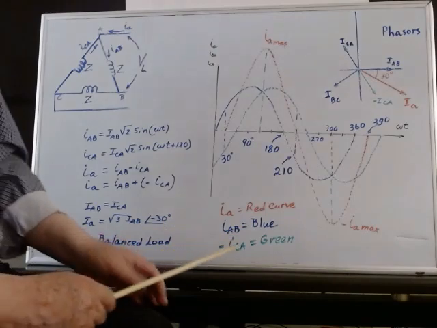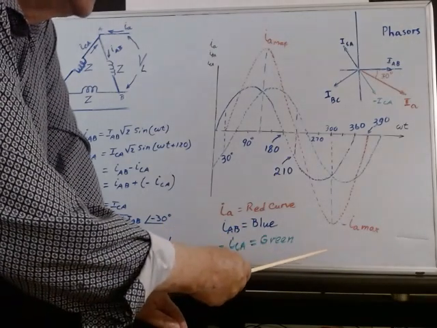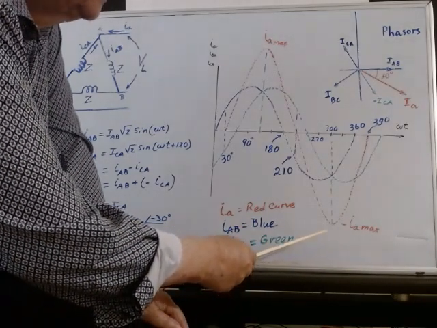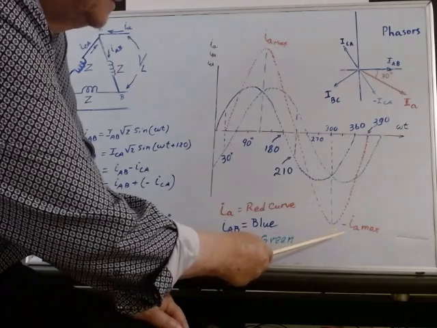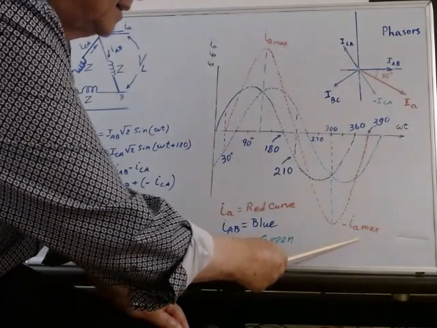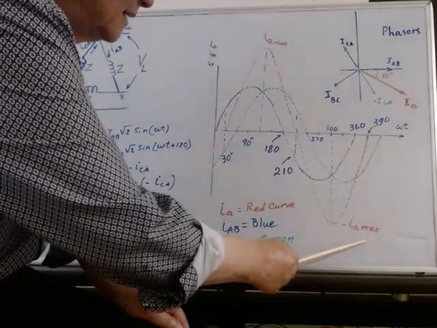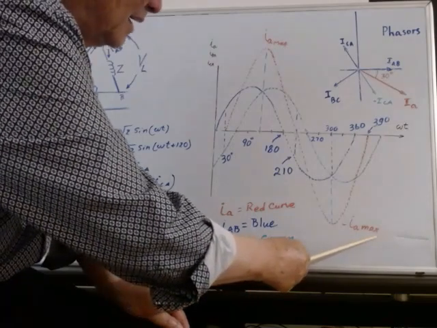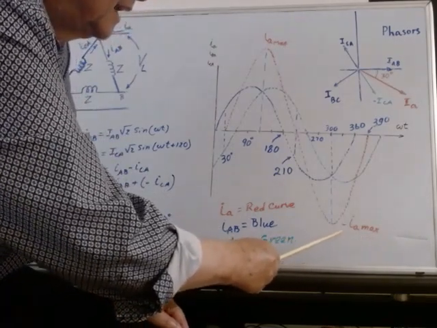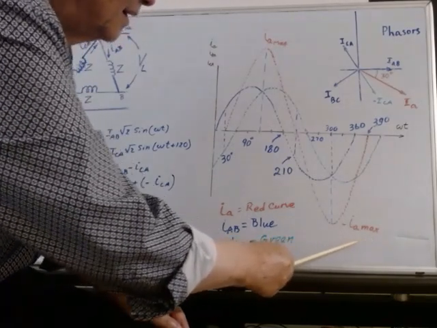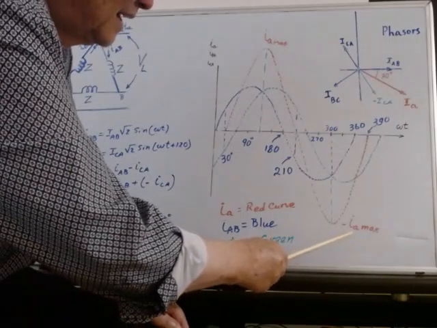Last observation, not last really, it is the IA minus, the IA max in negative value or the minus IA max.